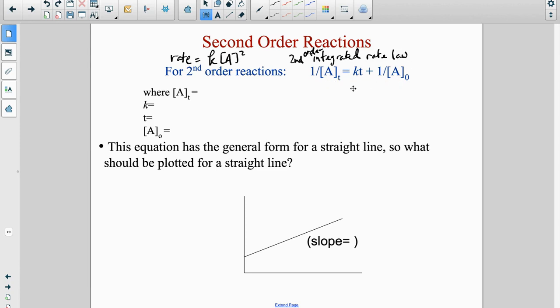So that's the form. And again here, A sub t is the concentration of A at time t. k is the rate constant as before. t is time. And this is the initial concentration.